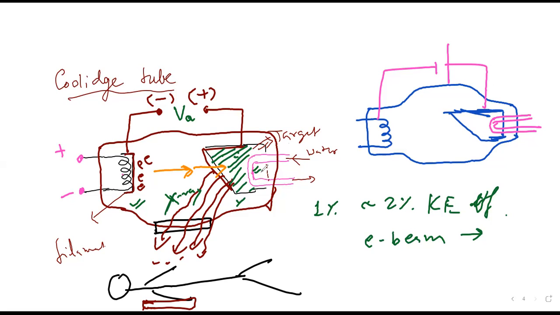I've got a question. We are bombarding the target metal with electrons, right? And that produces X-rays, right? So what really produces X-rays? Okay, we will see that. There are two methods which produce X-rays.